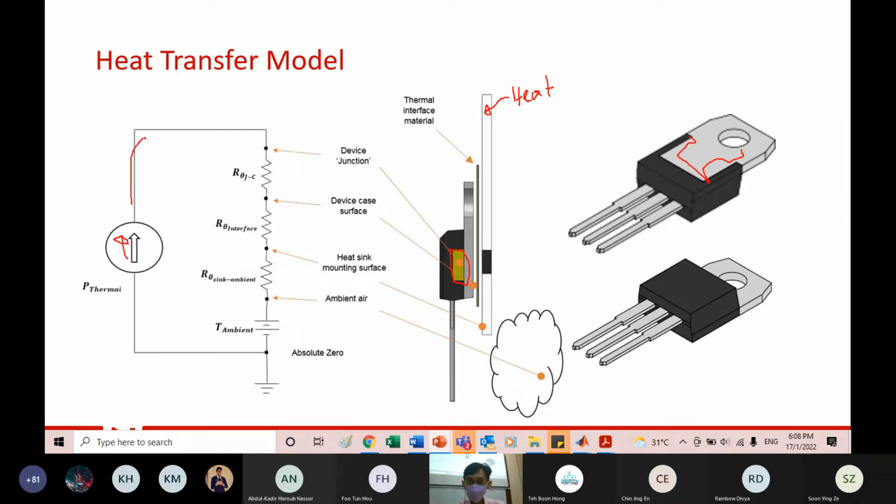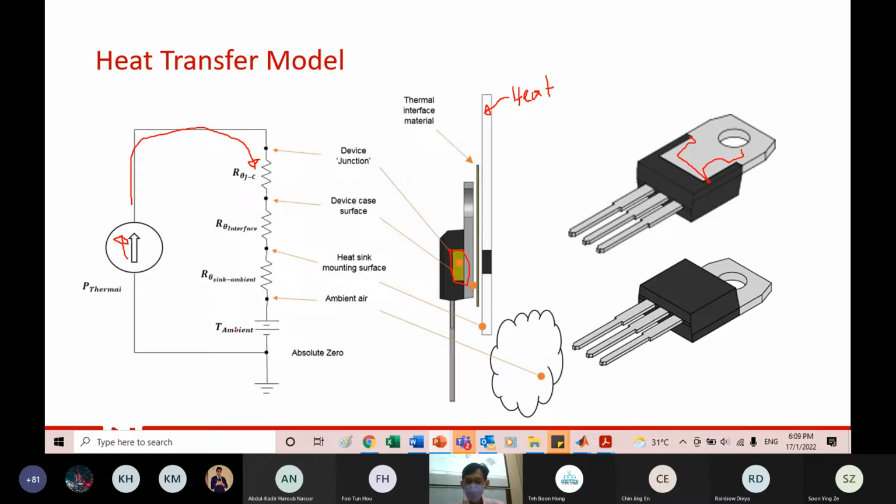It goes through the junction, and then through the interface. It's just like another resistor. This is the surface of the case, and this is the heat sink of the mounting. And lastly, this is the ambient air, or the ambient temperature.